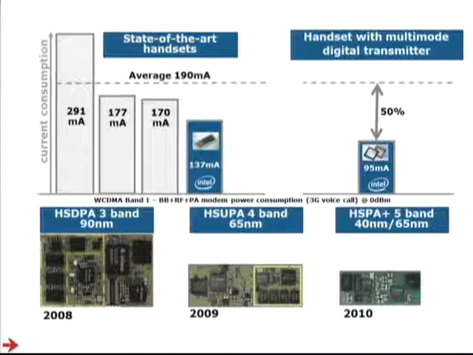So the power consumption could be pushed down by 50%. And as you can see at the bottom of this picture, also the real estate on the printed circuit board could be dramatically reduced.